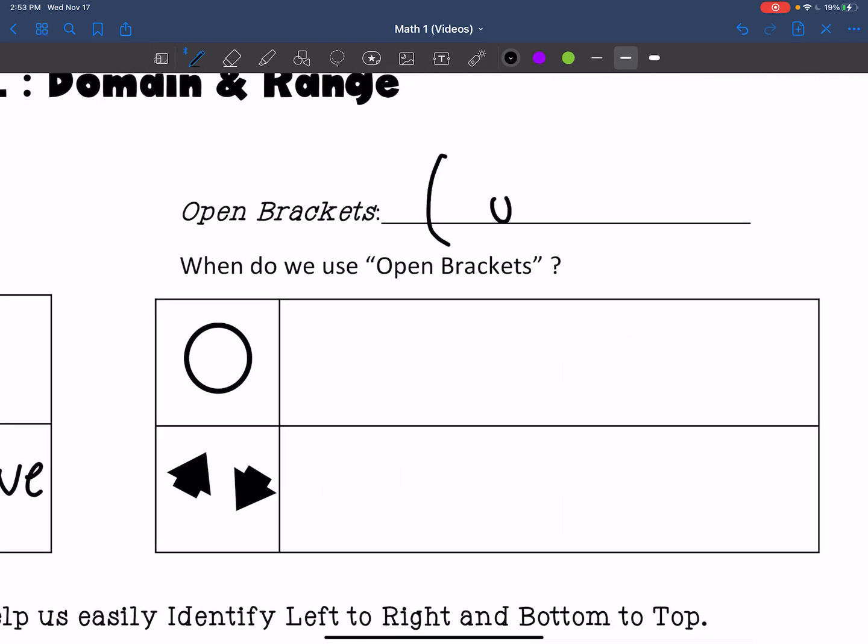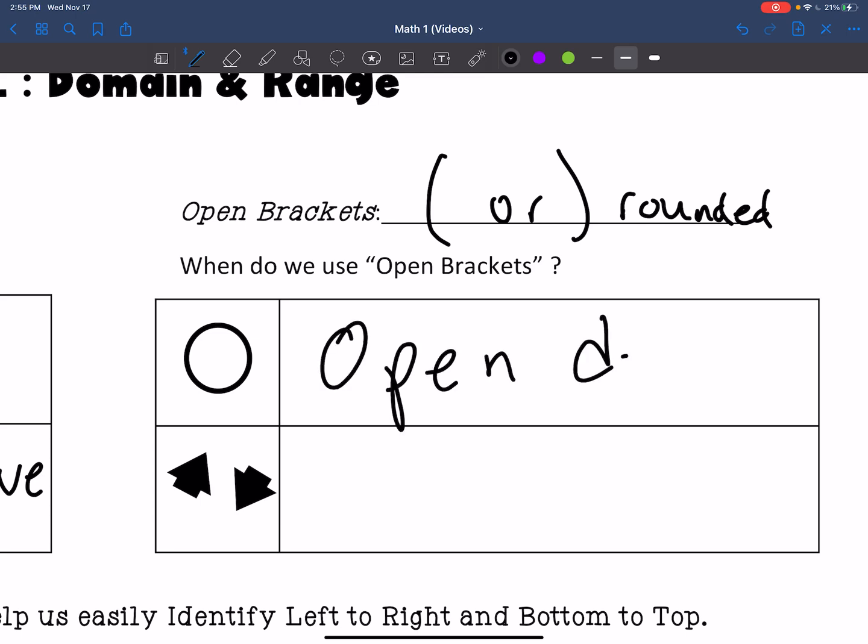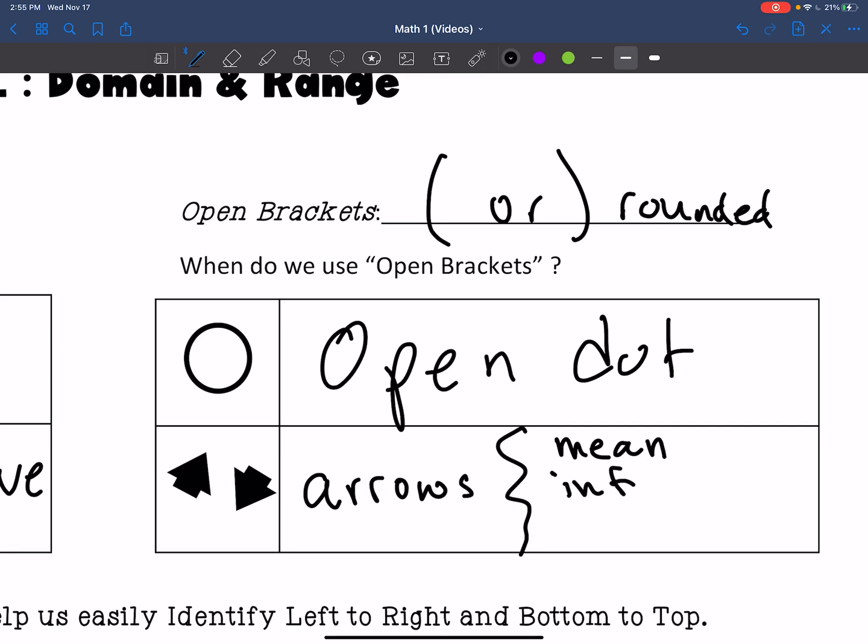An open bracket looks like parentheses, or they are circled or rounded, I think is what I said. And we use open brackets when we see open dots or when we see arrows. And remember that arrows mean infinity, right? And the infinity symbol is like the sideways 8.